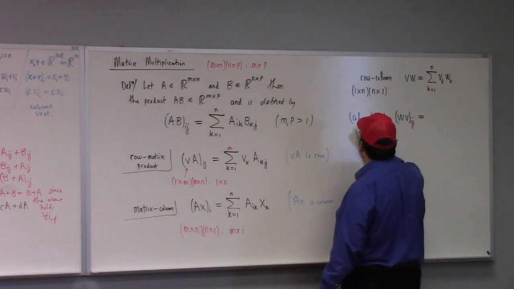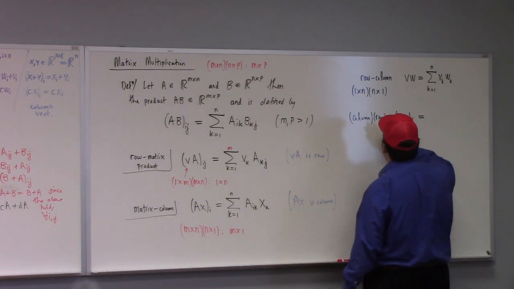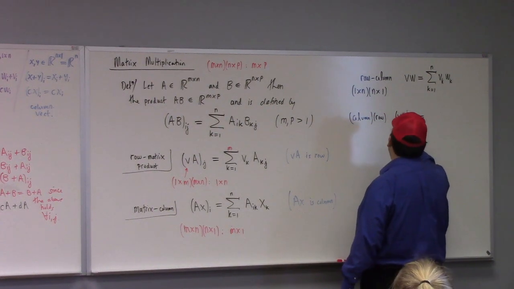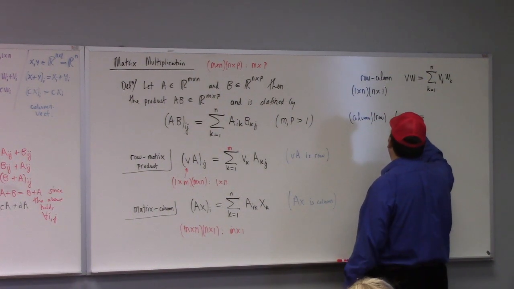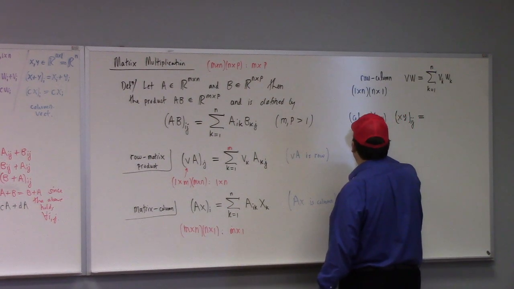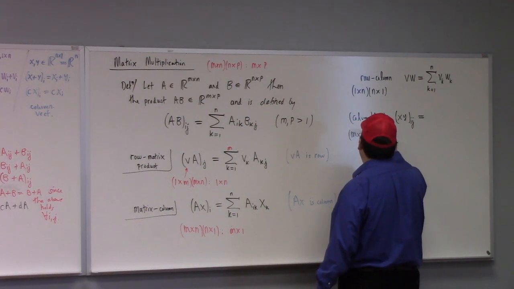My bad, I shouldn't use W and V, they could be different sizes. Let me try this again. Not W and V, but like X and Y, I guess. All right, so I'm talking about an m by 1 and a 1 by n, let's say.